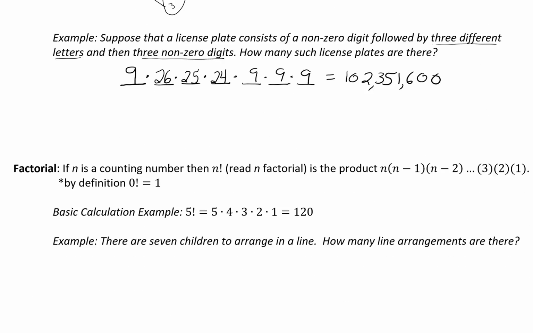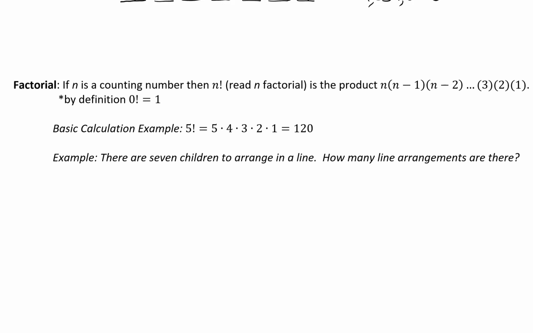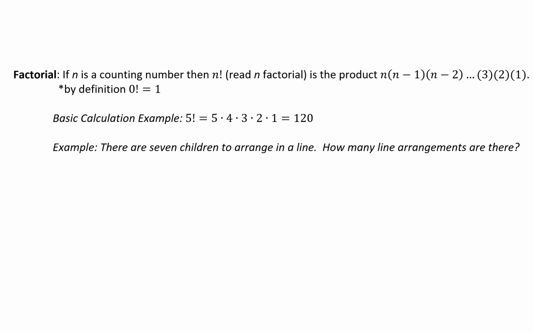Now I'm going to move on down to factorials. Factorial is a notation that also is an extension of the multiplication principle. So a factorial, if n is a counting number, now some will say integer, but both work.